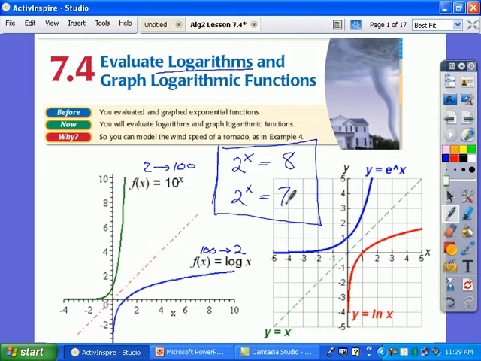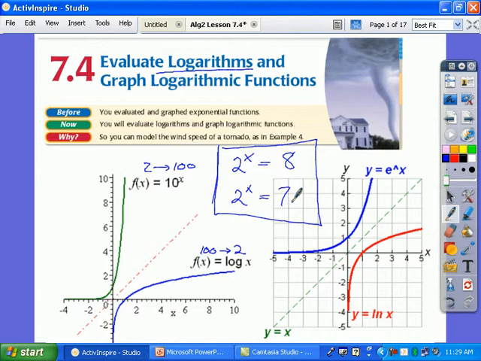Remember, if I graph y equals 2 to the x power, and I graph y equals 7, and find the intersection point of those two graphs, I'll be able to solve this problem using my graphing calculator, and that's well and good, and very useful. But we need an algebraic approach, and so we're going to look for one.